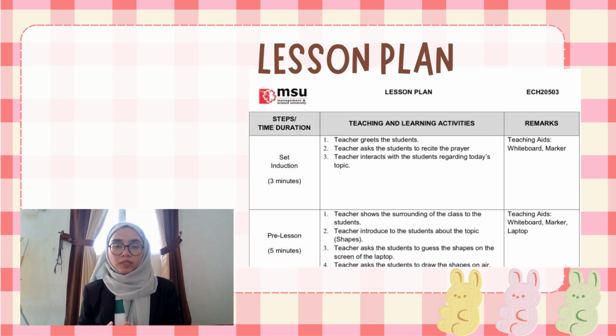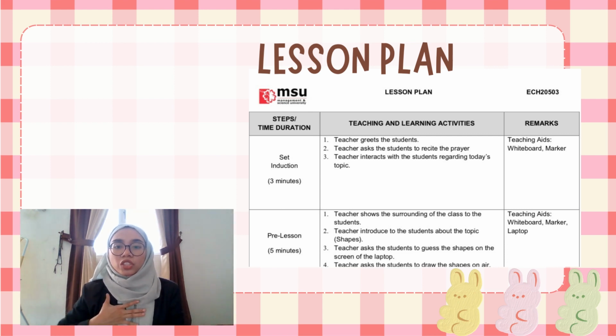The next part is post lesson. I took 10 minutes for the teacher to instruct the students to draw any shape they want. I ask them, they can draw anything they want, I mean, any shapes they want to draw. I will let them.